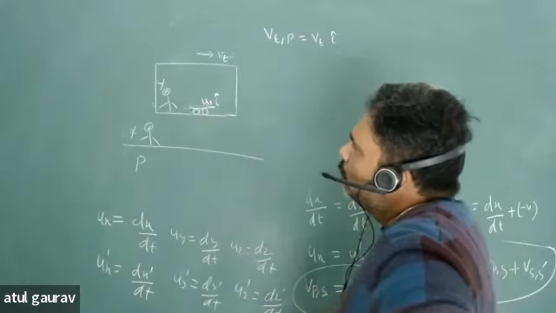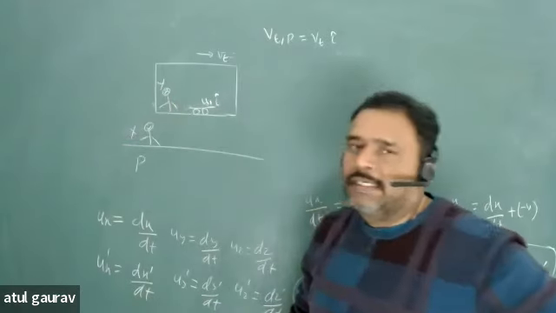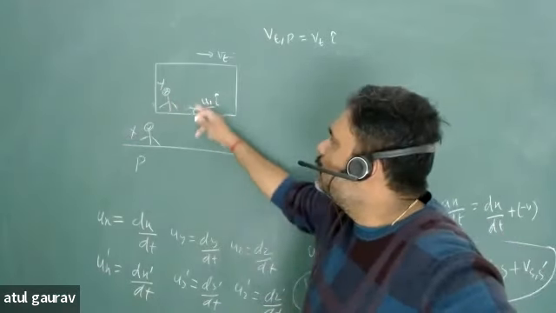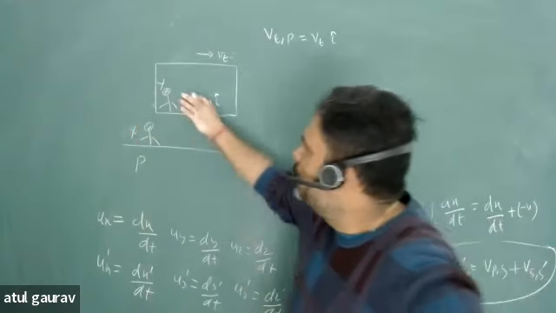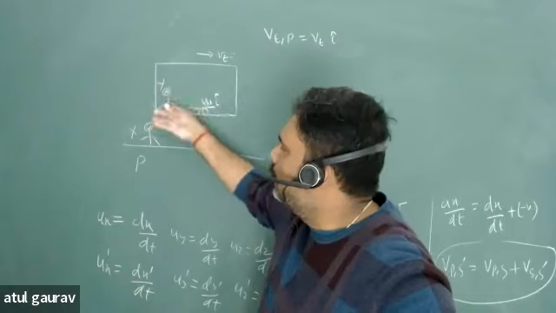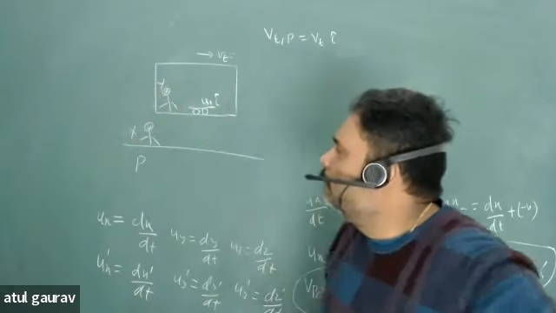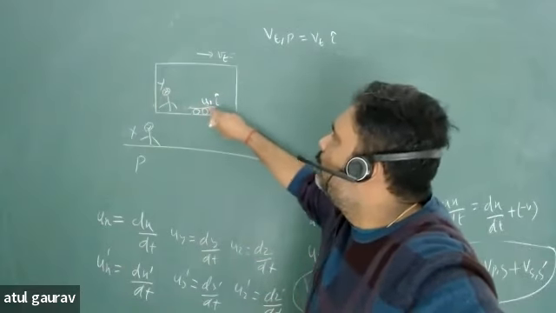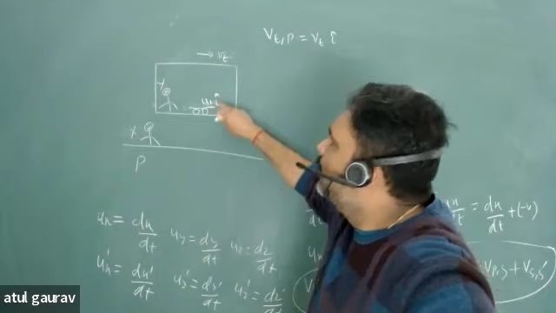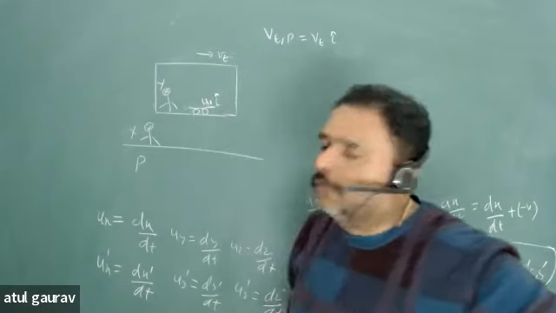Then Y calls X and asks what will be the velocity of this car with respect to you. Maybe he is a child and X is his uncle, and the child asks this question: with respect to me, this car is moving with velocity u1 in the i cap direction. What will be the velocity of this car with respect to you?